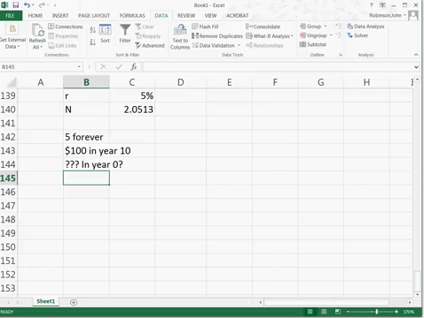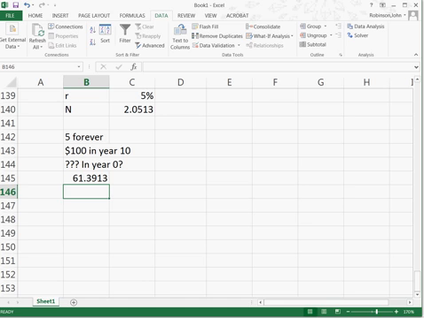We want to know what it's worth in year 0. Well, we can do the same thing we would do anytime we're trying to move money through time. We'd say equals 100 divided by 1 plus r to the n. That's 61.39. Right, that's it. That's the present value formula applied.